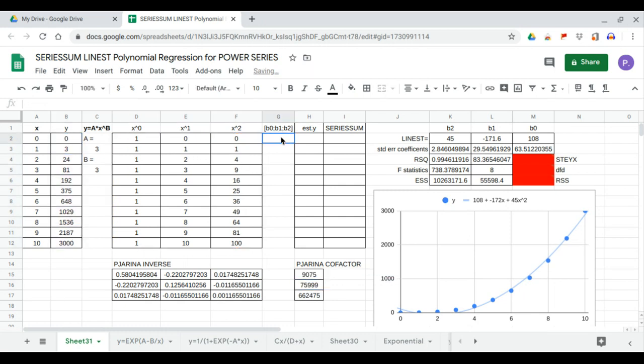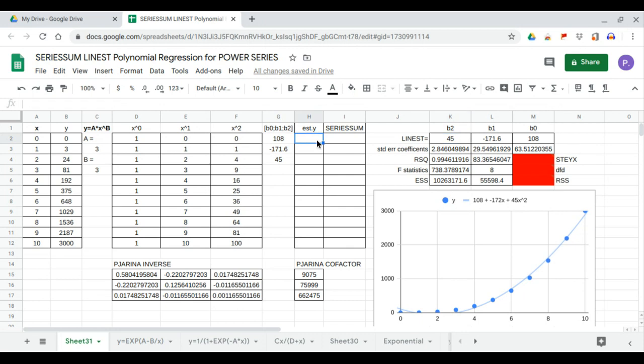Now we can calculate the coefficients b0, b1, and b2, which is MMULT of this pseudo inverse and the pseudo cofactor. So our b0 matches our b0 in the LINEST and the equation. Our b1, negative 171, matches our LINEST, but is rounded off in the trend line equation. And our b2, 45, matches our LINEST output and also our trend line equation.